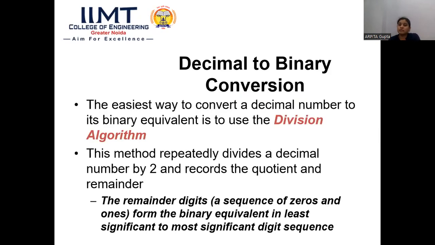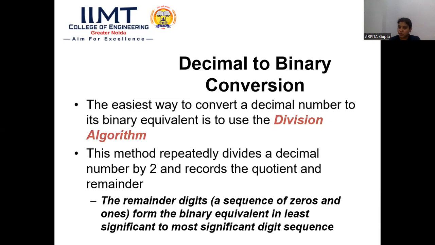Now the next one is decimal to binary conversion. How do we convert any decimal number into any other number system? If we talk about converting decimal to any other number system, the easiest way to do this type of conversion is to use the division algorithm.